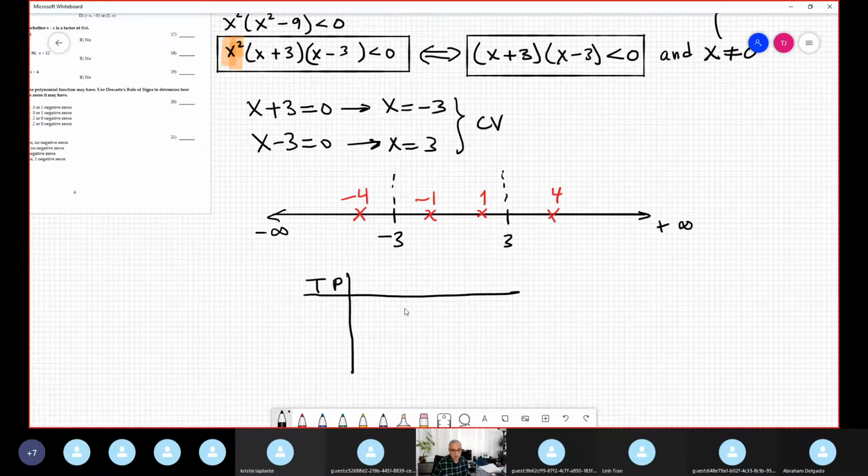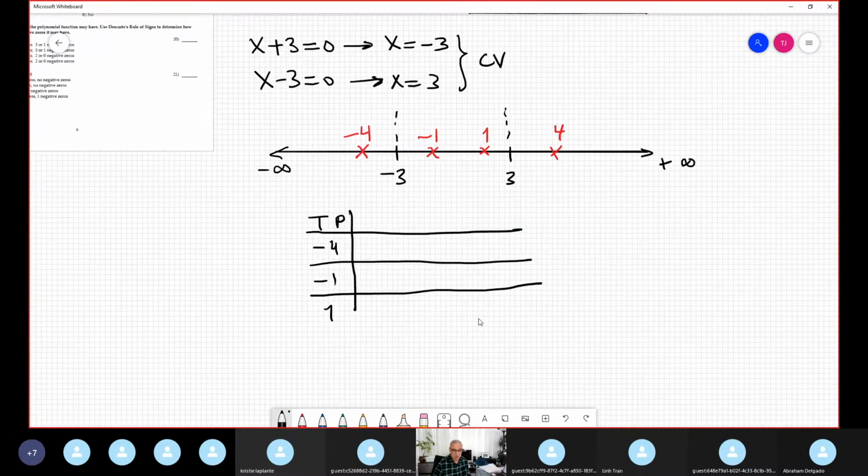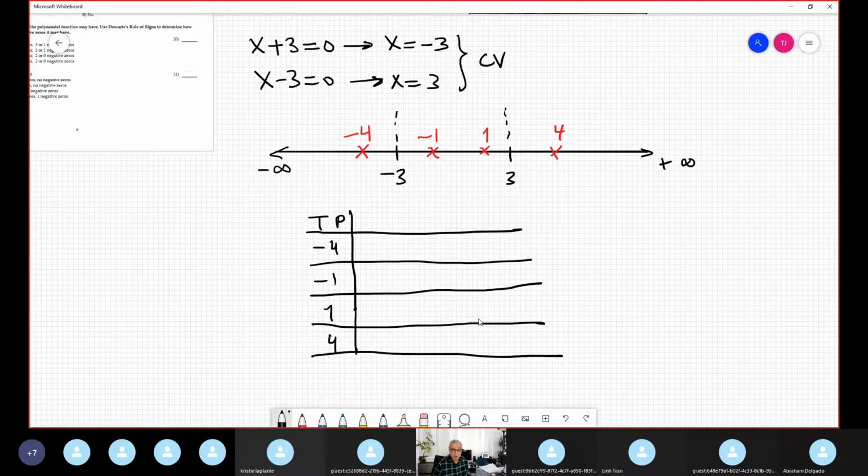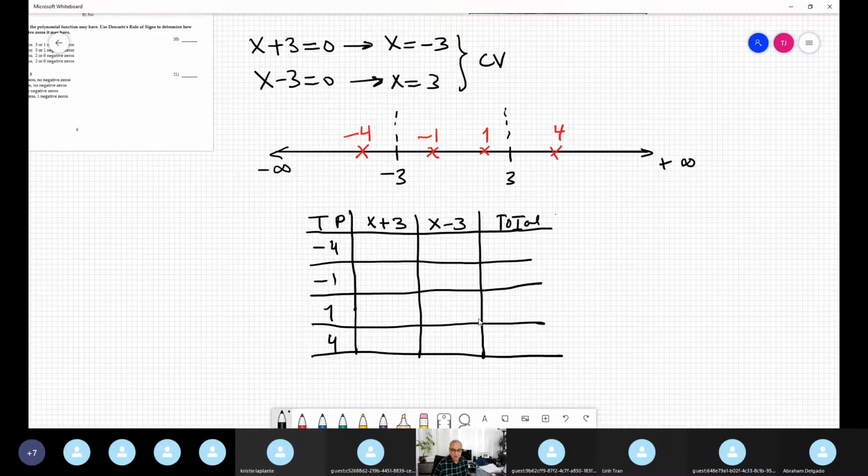But no. In -4, -1, suppose I select +1 to make sure, because I am not 100% sure that I can separate or no, and +4. And the factors involved in my problem are x + 3, it doesn't matter the order, and x - 3. As always, an extra column to summarize the signs.